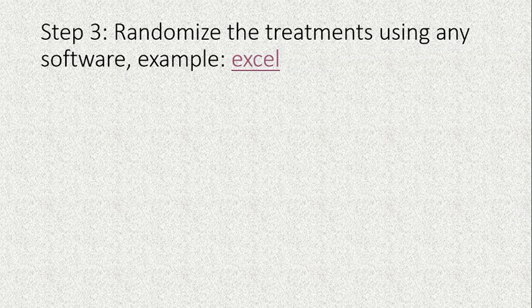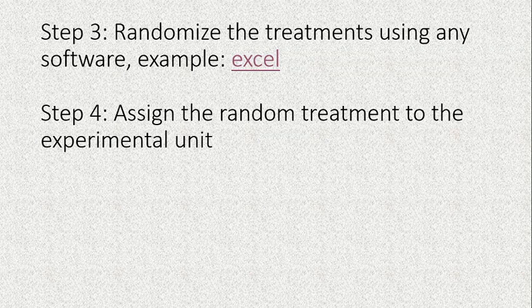The next step is to randomize the treatment using any software, for example, Excel. In this video, I will explain how Excel can help us randomize our treatment. After we randomize the treatment, we assign the random treatment to the experimental units.